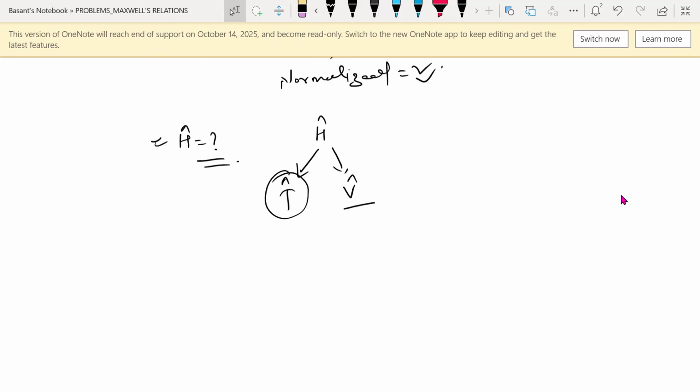The kinetic energy operator is represented by minus h bar squared by 2m, because I have taken a single mass body. So this is mass m, or if I take a molecule, then we replace this m by the reduced mass mu.